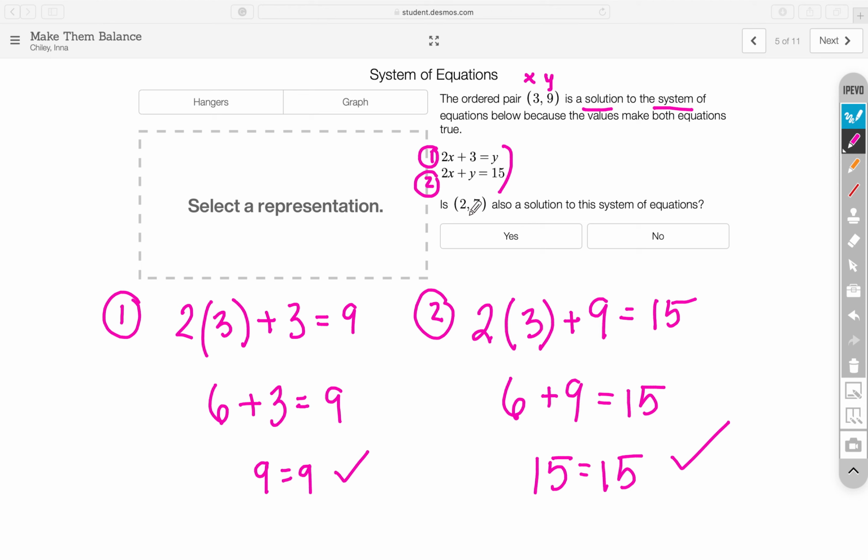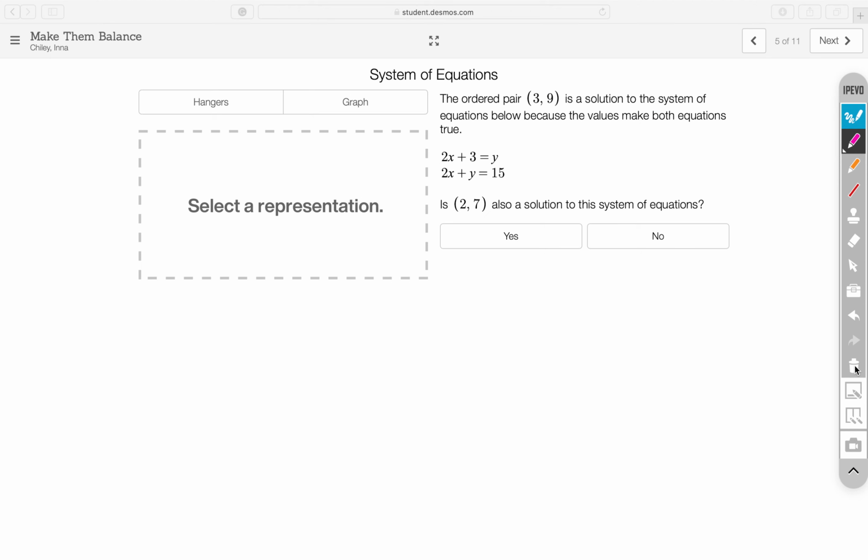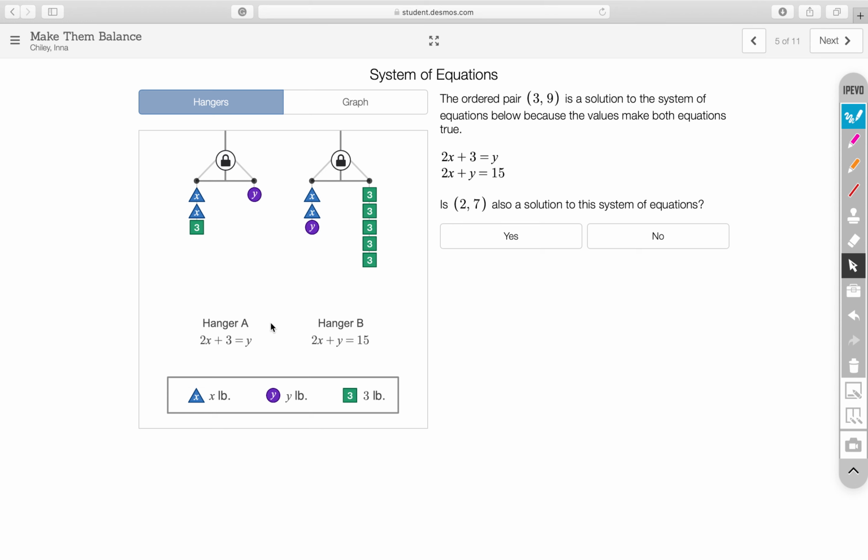So we need to know, does the point 2, 7 also make both equations equal? I'm going to erase, and I am going to click on the hanger and see what happens. This is telling us that 3, 9 is a solution to the system of equations.